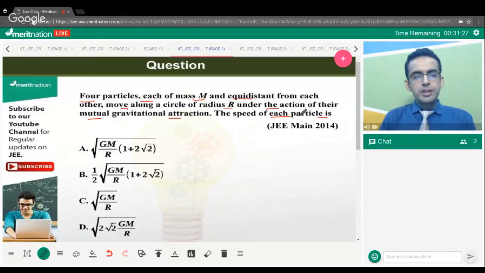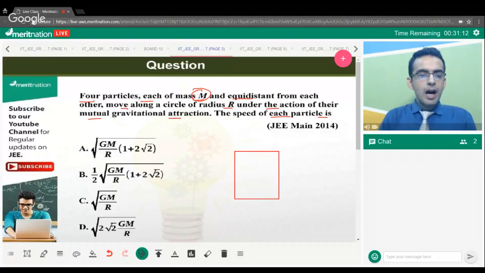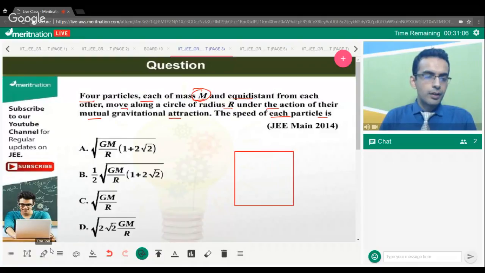So now students, you can understand here, there are 4 particles of mass capital M and they are equidistant from each other. Okay. So that means you should be clear that the 4 points must be lying on a square. Okay.